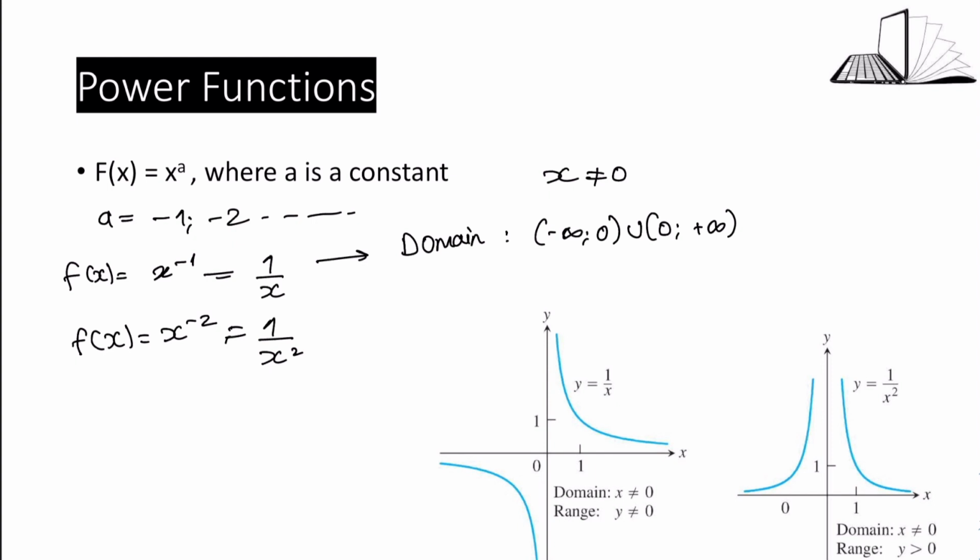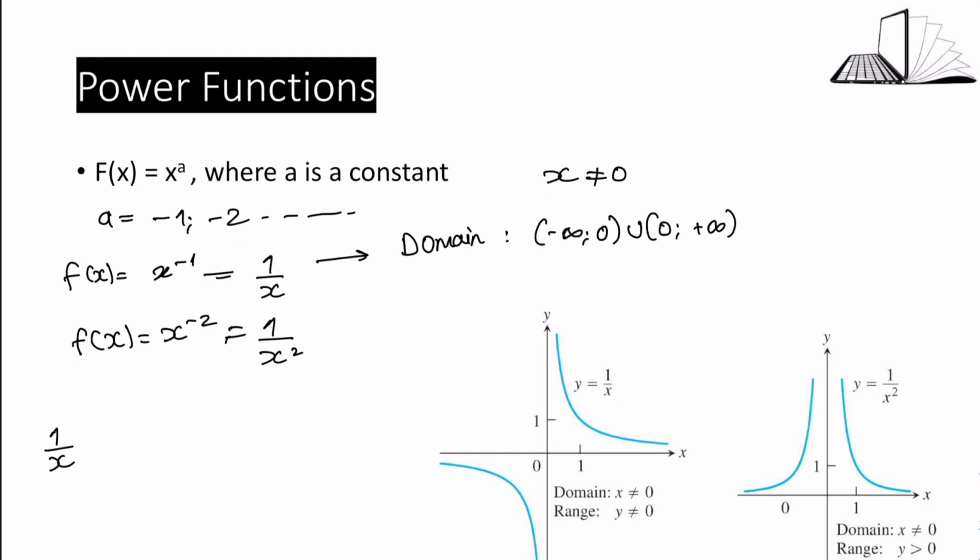What's the range in this case? How does the range vary? The function 1 over x: let's discuss first the positive values of x. As x increases, y decreases.